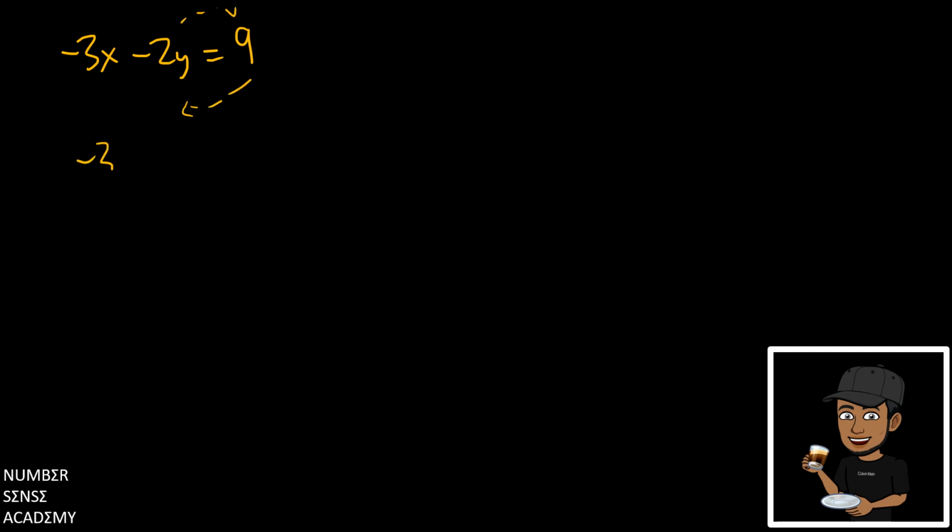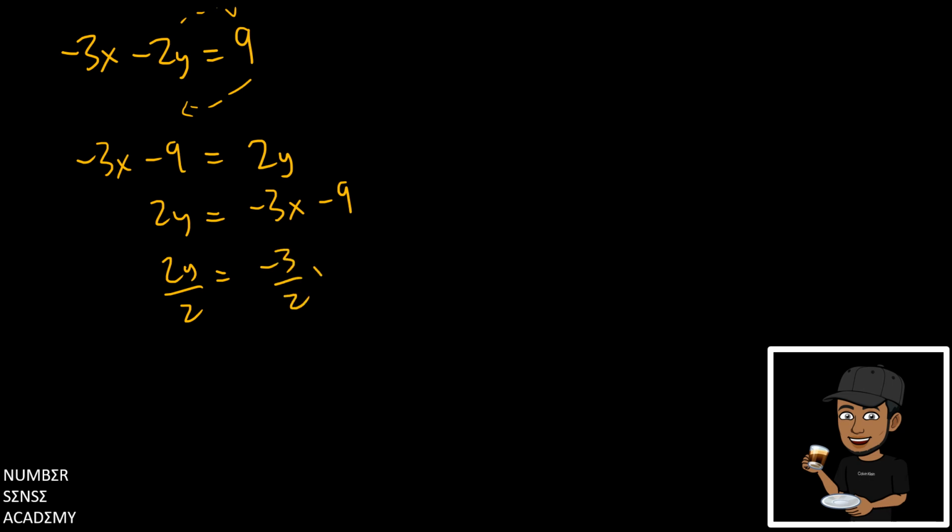So I have negative 3x minus 9 equals 2y. So 2y equals negative 3x minus 9. Then divide everything by 2. Okay, so I have y is equal to negative 3 over 2x minus 9 over 2. So 9 over 2 is equal to 4.5, but we could keep it as 9 over 2, right?